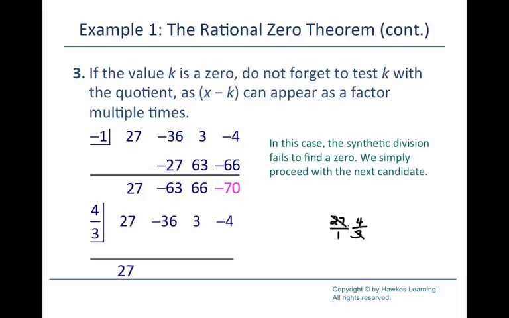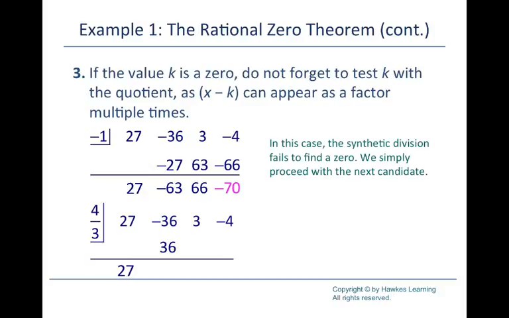The 3 will go into 27 9 times. So 9 times 4 is 36. So we're going to get 36 when I multiply 27 times 4/3.